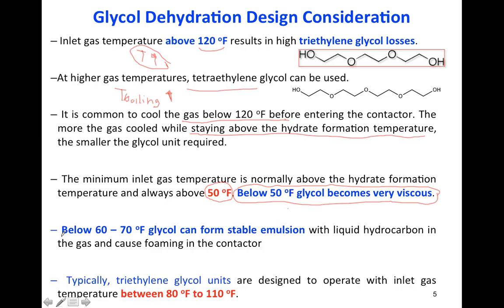Another problem at low temperatures, like 60 to 70, is that the glycol can form a stable emulsion with the liquid hydrocarbon that can also cause some foaming issues. So as you see, we don't have big flexibility to operate at any temperature that we want. Below a certain temperature we will have some issues, above certain temperatures we have other issues. So we have to always adjust the temperature carefully.